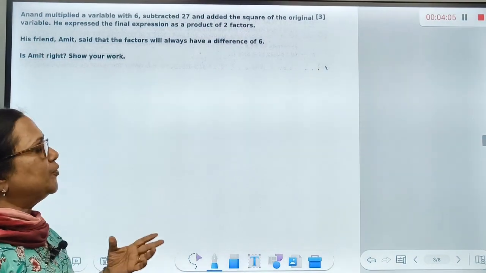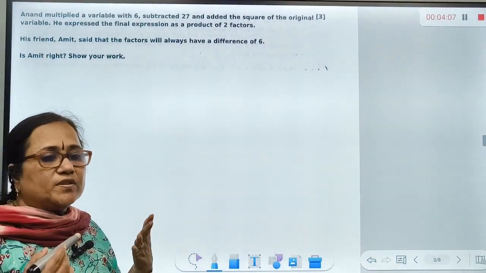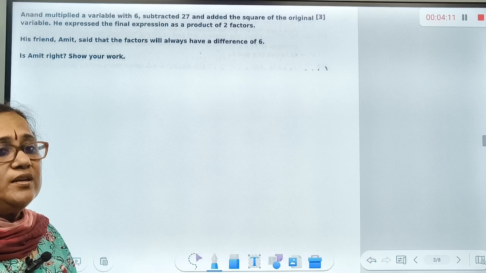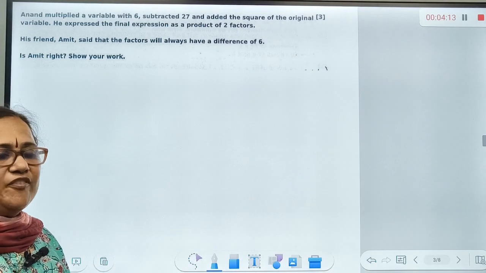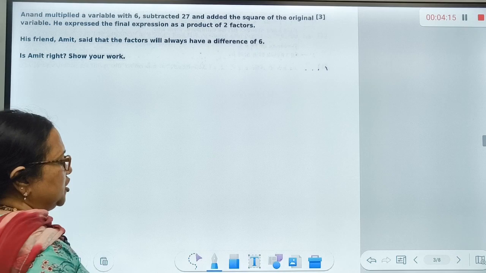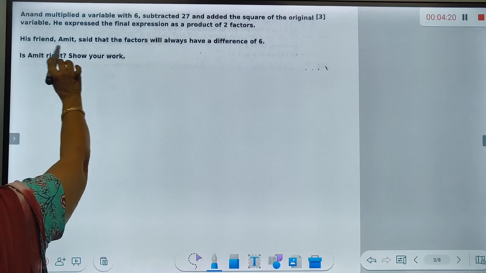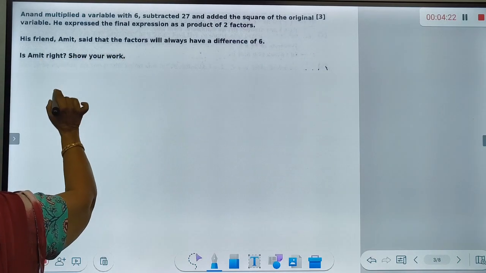So you are given a problem on factorization, but instead of giving it directly, it is connected to a real life situation and the mathematical factorization is hidden in the situation. Okay, so let us make sense of what is given. Anand multiplied a variable.